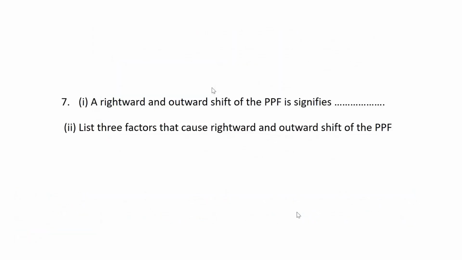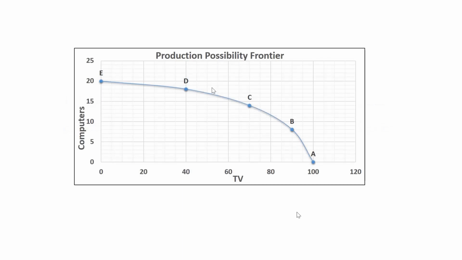Now, a rightward and outward shift of the PPF signifies what? We should also find out factors that are responsible for a rightward and outward shift of the PPF. Now, whenever the PPF shifts outward, it means that we can produce more of both commodities.